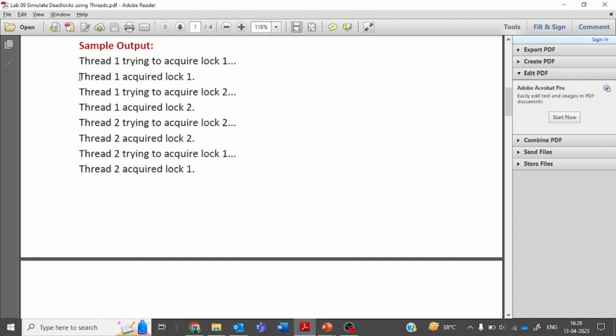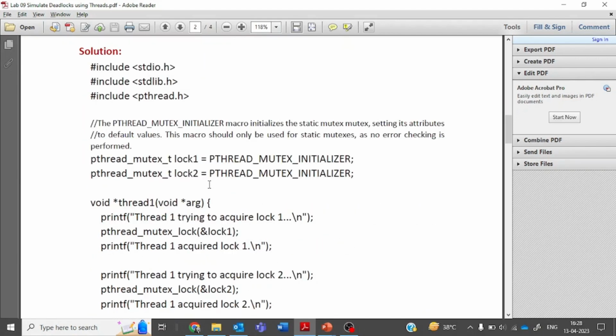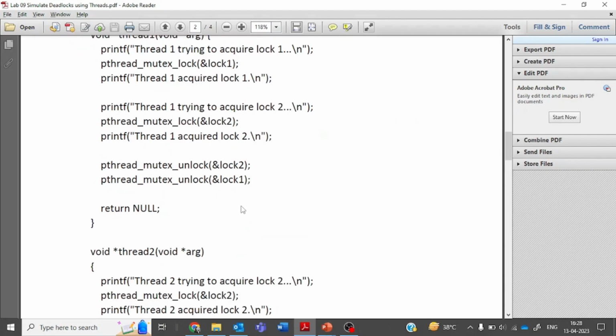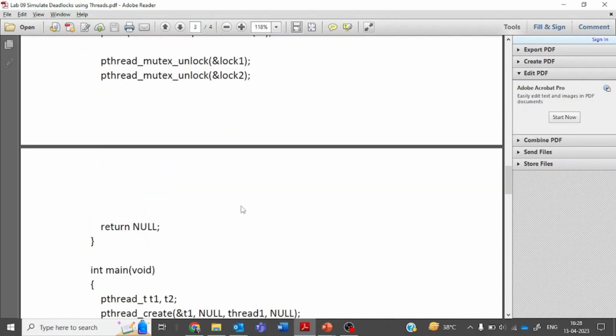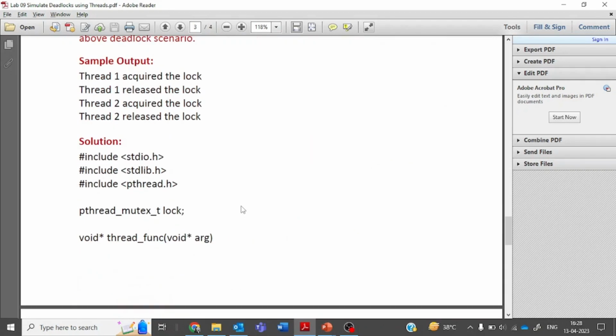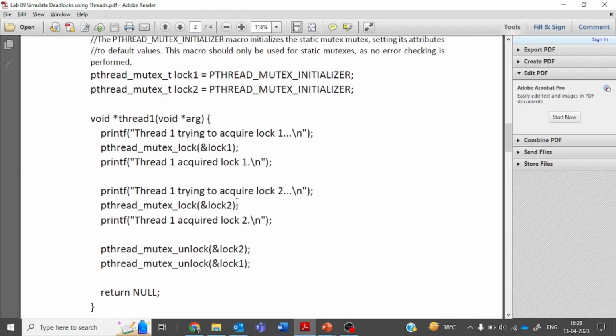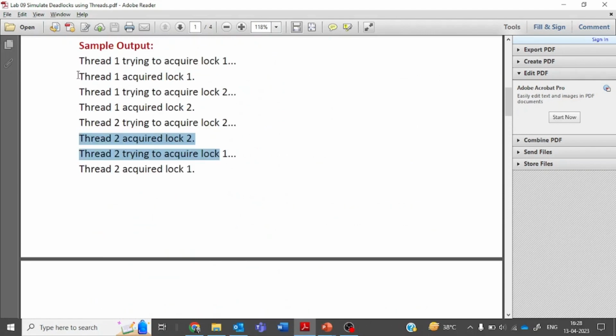So why? Because thread 1 has acquired lock 1 and lock 2, and thread 2 has also acquired both the locks. So obviously this results in a situation of deadlock, where no error checking is being performed, and the locking should be done in such a way that the deadlock should not occur. Ideally, as soon as you acquire a lock, you should also release it, because here you are only acquiring, you are not releasing it.